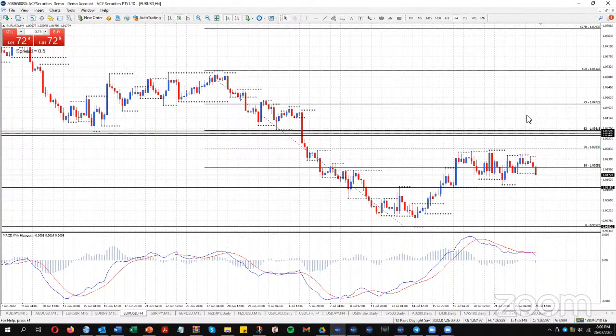But if we can get a pop up to a higher price, the interest rate differential at the moment favors the US dollar. So from a price perspective, if we can get price to move up, then longer term, it will move back down in line with that interest rate differential favoring the US side, okay?